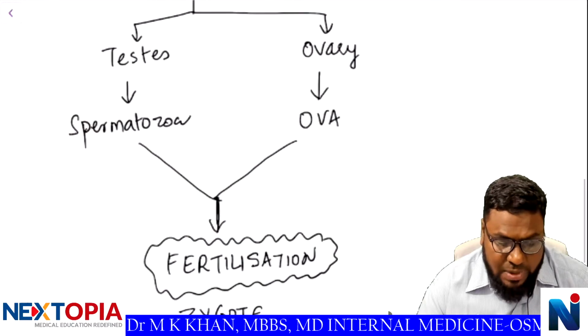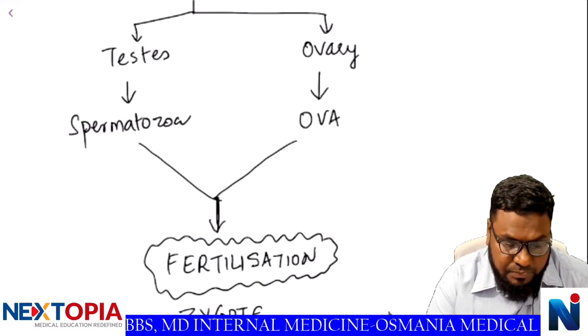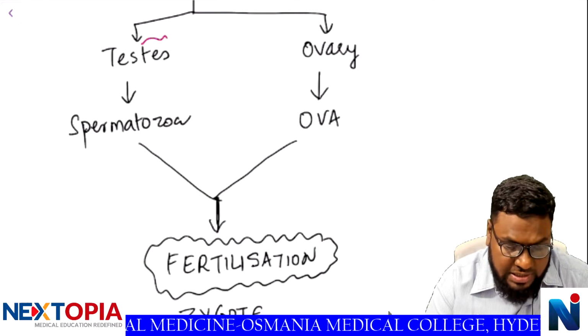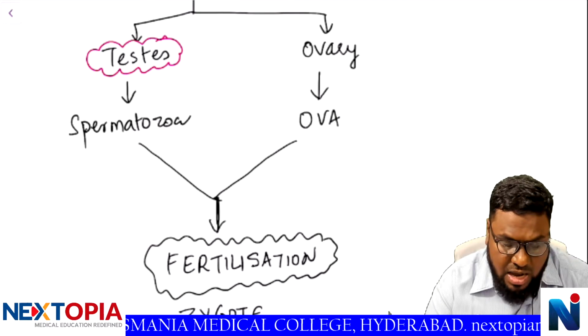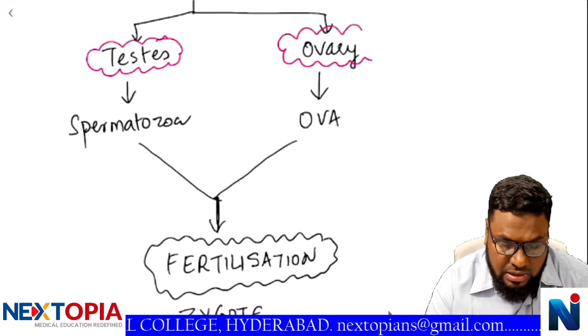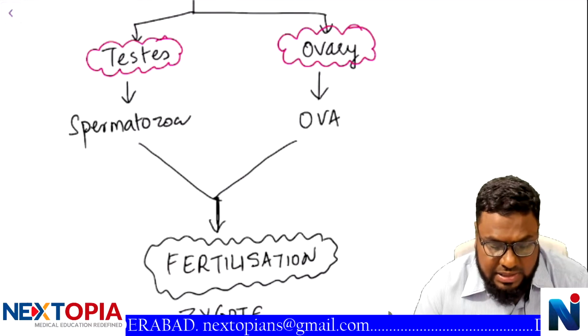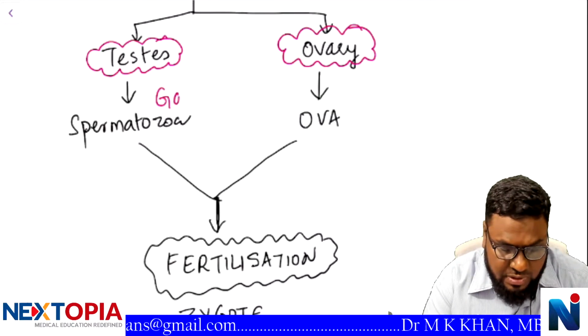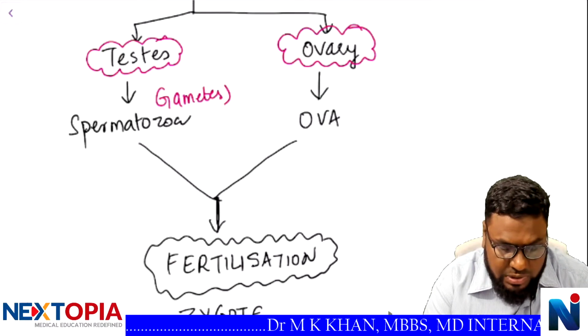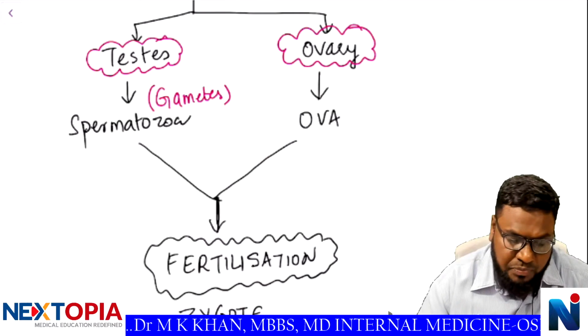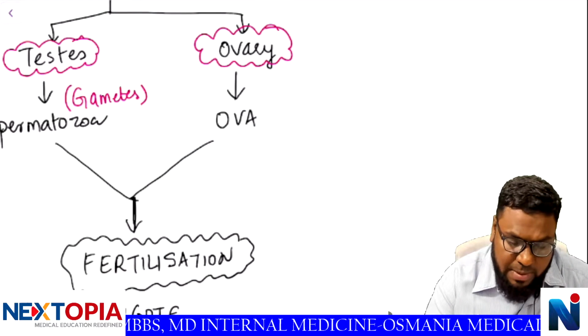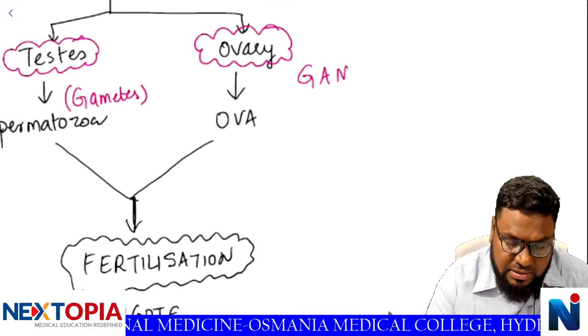Now one question you may ask me, sir, how are the testes and the ovary, the two gonads, producing the spermatozoa and ova? These are called as gametes. How is a gamete produced? The process of production of gametes is called gametogenesis.